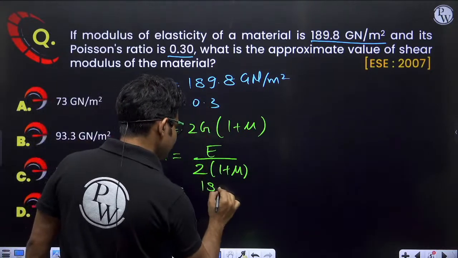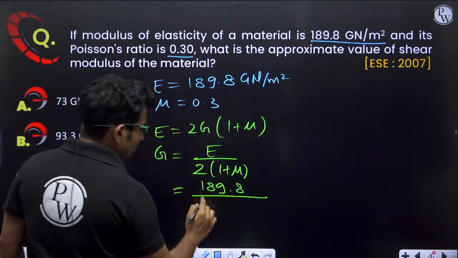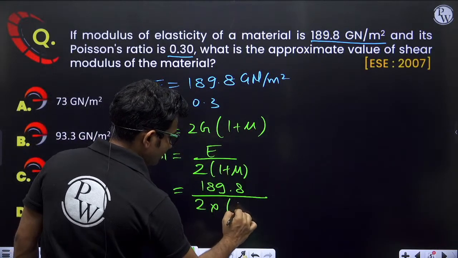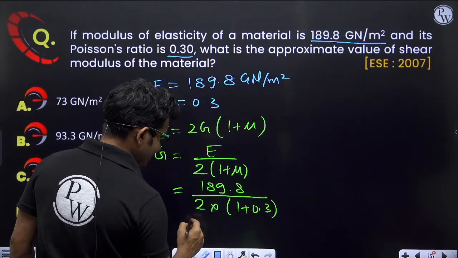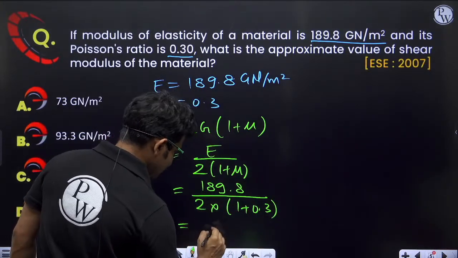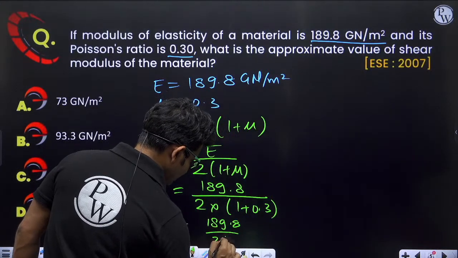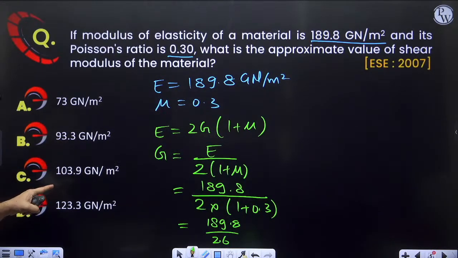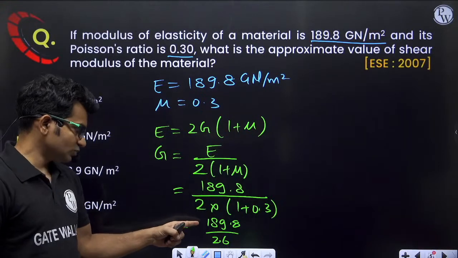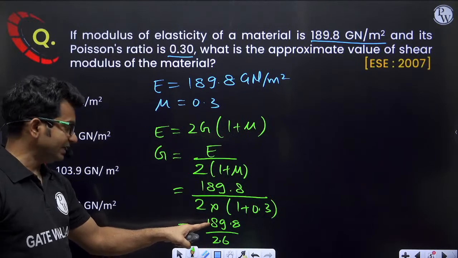E is 189.8 divided by 2 into 1 plus mu, that means 1 plus 0.3. So it will be 189.8 divided by 2.6. Almost one third of 180 is 60.